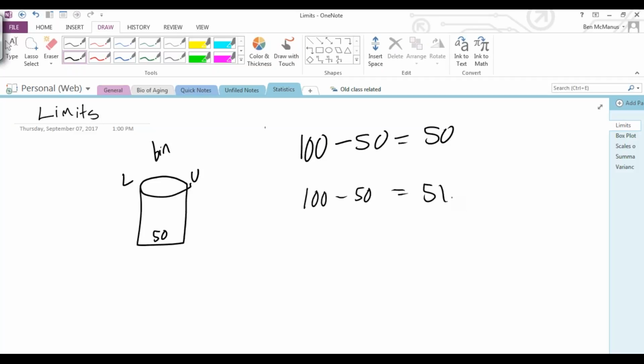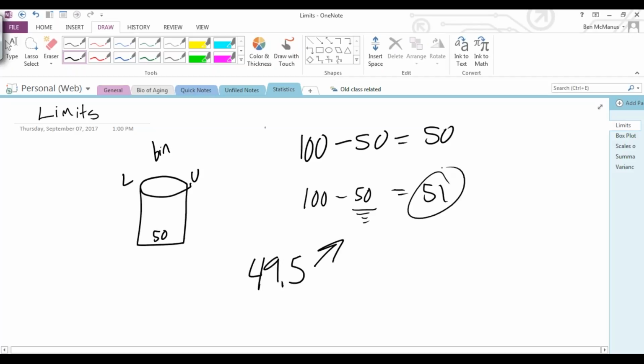So really what's going on there is that when we say consider the real lower limit, it means anything that is 49.5, rounding up and above, is going to be within that bin, or it's going to be contained within that range. So that means including 50. So 100 minus 50, including that 50, would give you 51 because you're going 100 minus anything that's above 49.5.